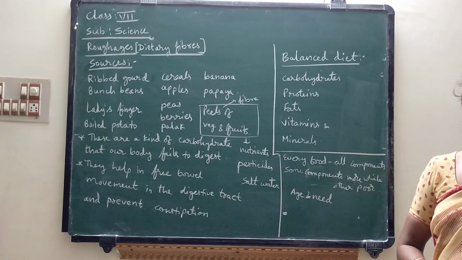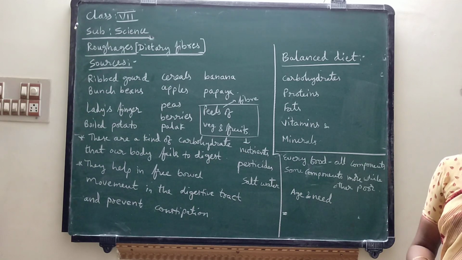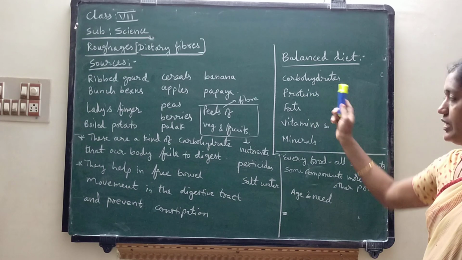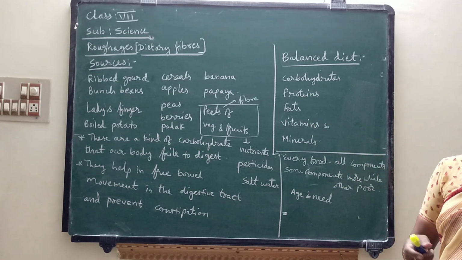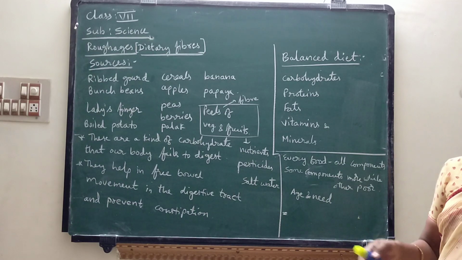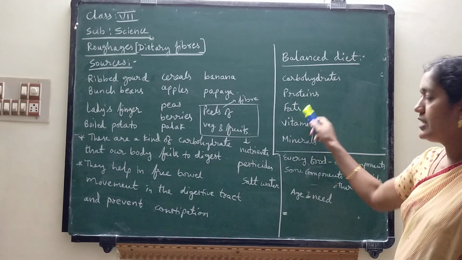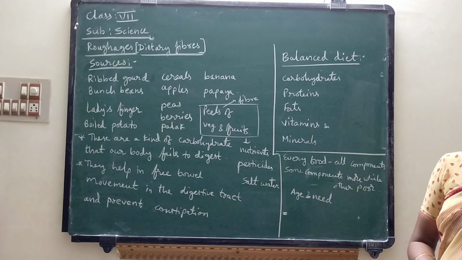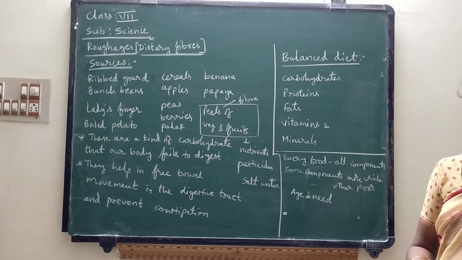For proteins, if you include egg, meat, milk, fish, or dal and cereals, these are rich in proteins. If you eat any dal item or milk, meat, eggs, then your body will get proteins on that particular day. Next, fats. If you eat rice along with ghee, then your body will get fat.